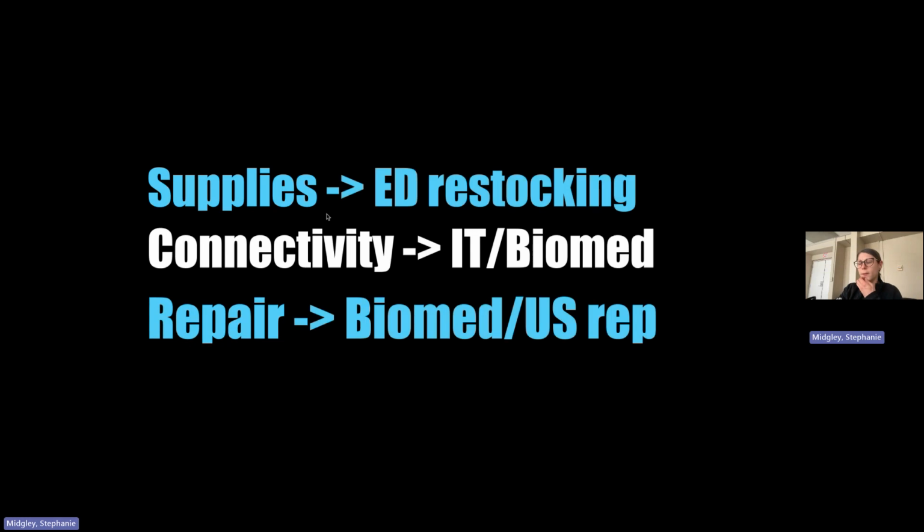So those are the big things to know: who does your stocking and ordering, your PACS IT person and your Biomed person for the connectivity of the machines, and who the reps are for the repairs and troubleshooting.